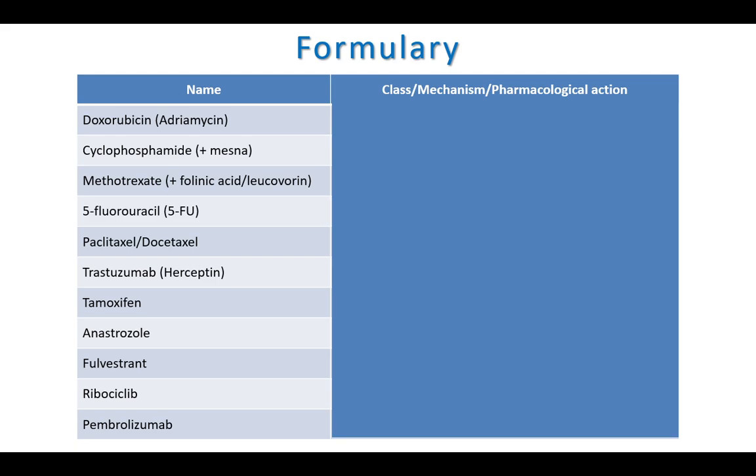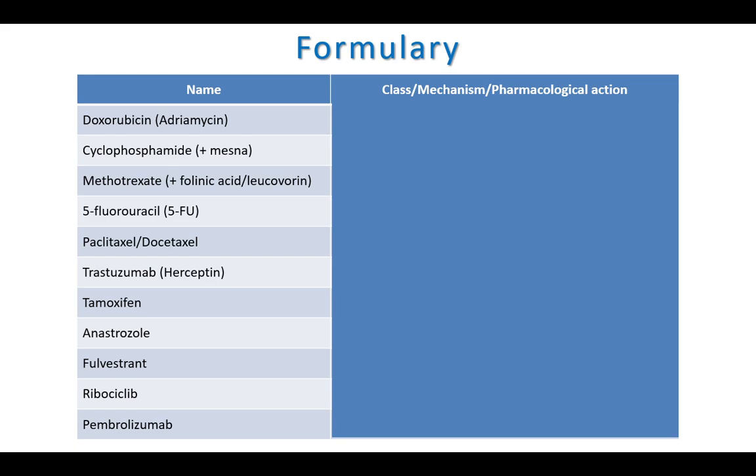If you remember the regulation of the cell cycle, cell cycle progression depends on the role of certain cyclins and cyclin dependent kinases. So this is an inhibitor of cyclin dependent kinase 4 and 6, and it again leads to the arrest of the cell cycle and arrest in cell growth.